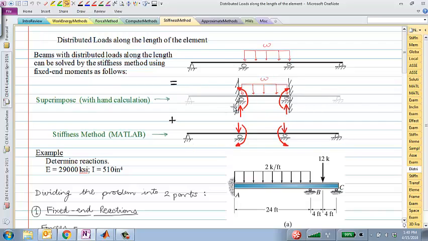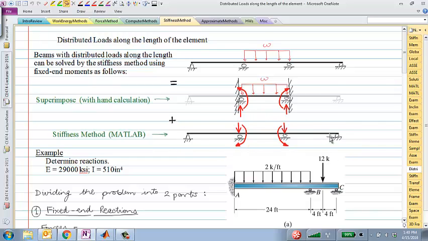So this part of the problem we'll solve by hand, which essentially involves reading off the values of that table. And the equal and opposite moment, fixed end moment and the reactions will apply to the actual structure. If there are other loadings on the other spans, we include them here. We let MATLAB solve this problem.